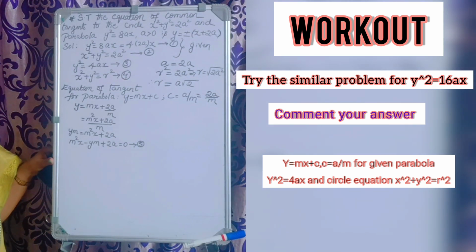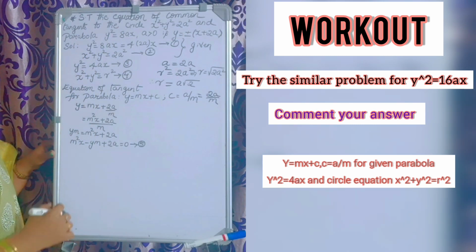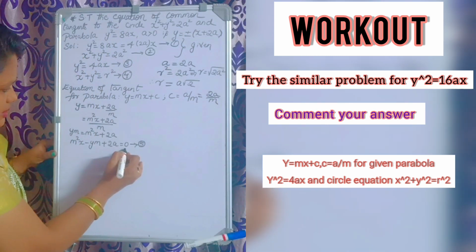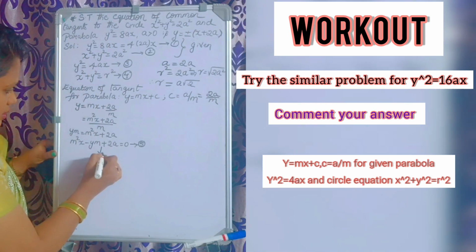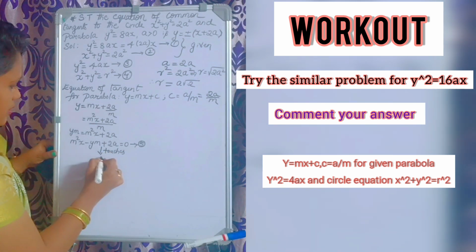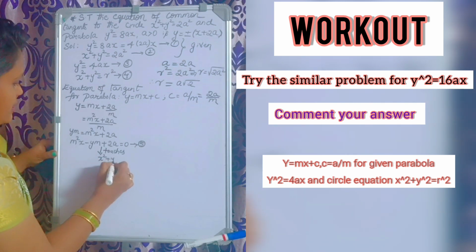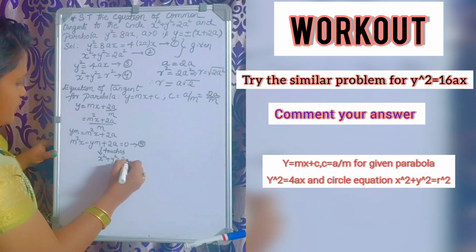Okay. Now from the given data, they are saying this equation touches the circle, that is x square plus y square is equal to 2a square.